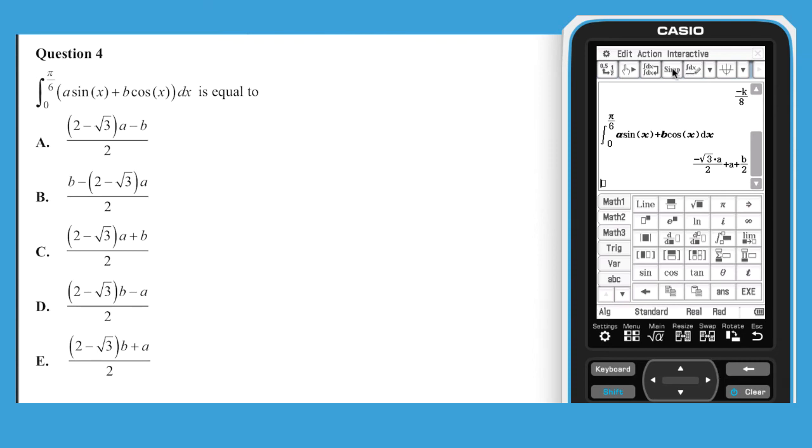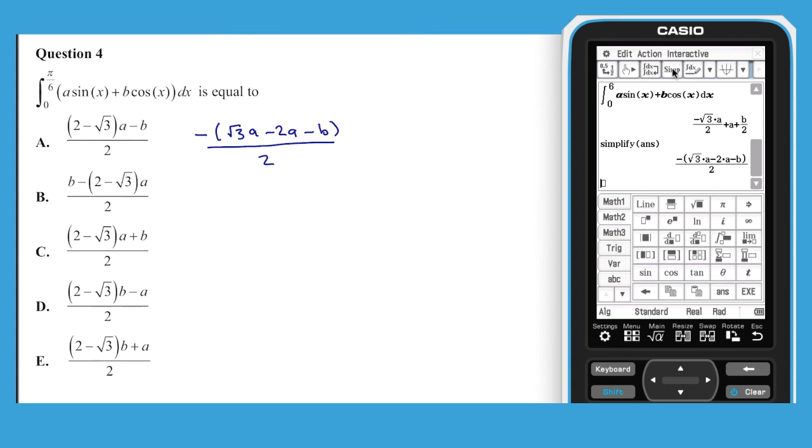Applying the simplify command provides us with an answer written as a single fraction. By focusing on the a and b terms of the answer, we can rewrite this as 2 take root 3 by a plus b, all over 2, which corresponds to answer C. An approach to this question without the use of a CAS is also possible, using the exact values of sine and cosine of pi on 6.